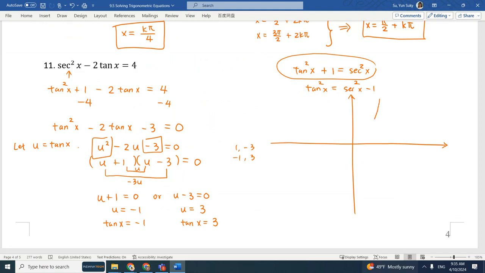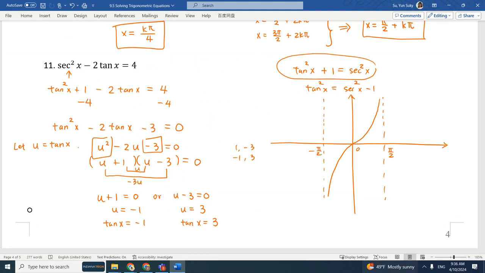What's the picture look like? And the domain, the interval, is from negative pi over 2 to pi over 2. Right, everybody? We draw the graph of tangent.